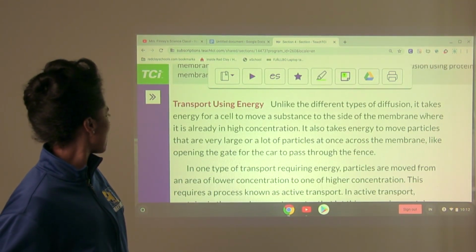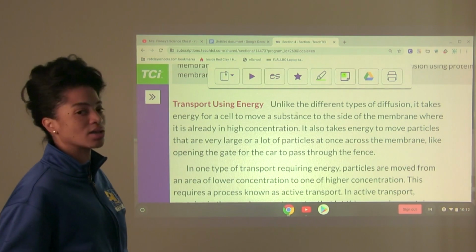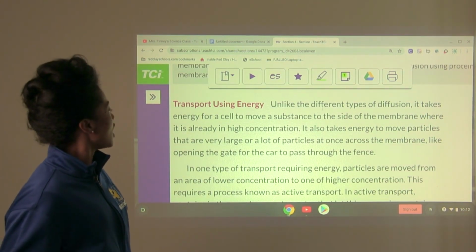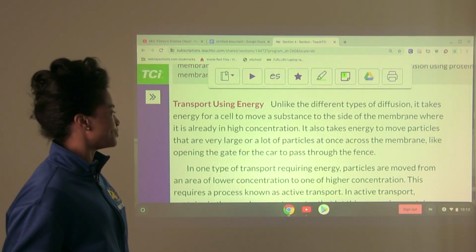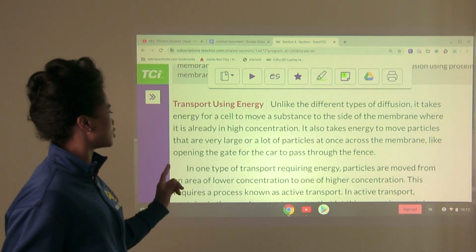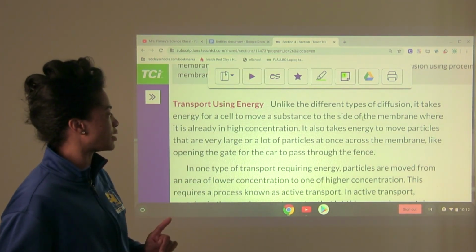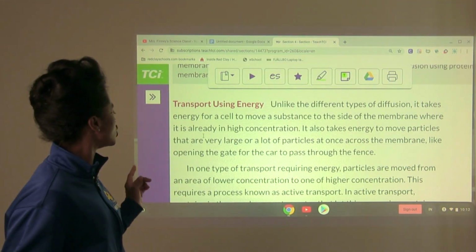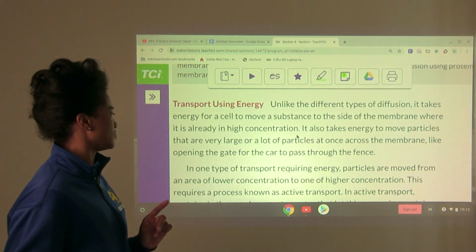So next topic is transport using energy. Unlike the different types of diffusion, it takes energy for a cell to move a substance to the side of the membrane where it is already in high concentration.